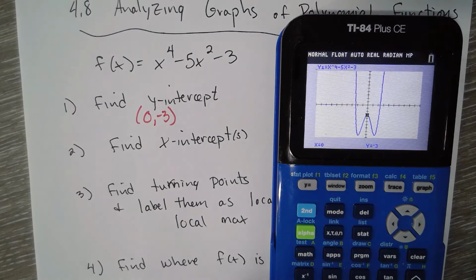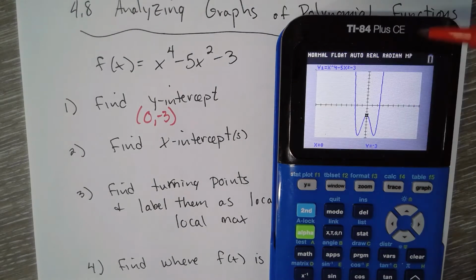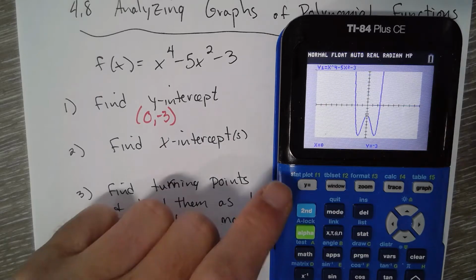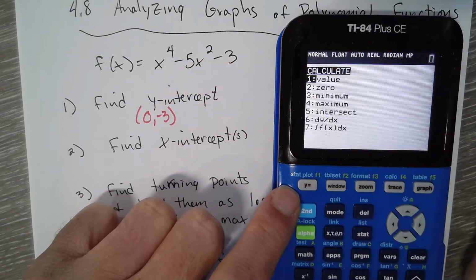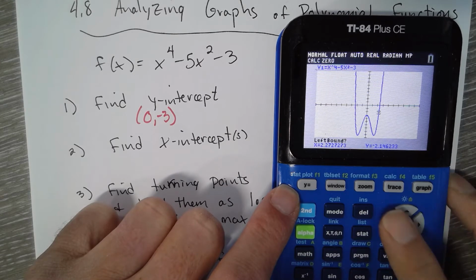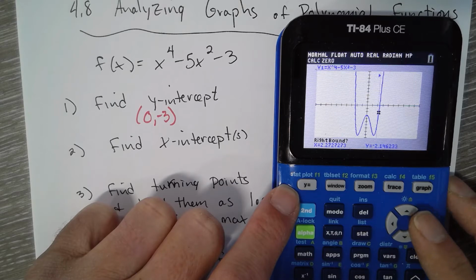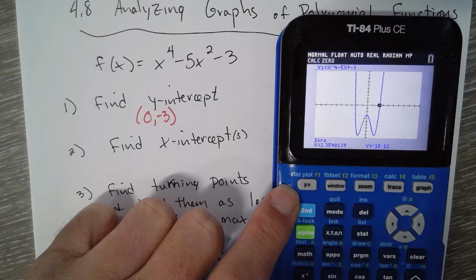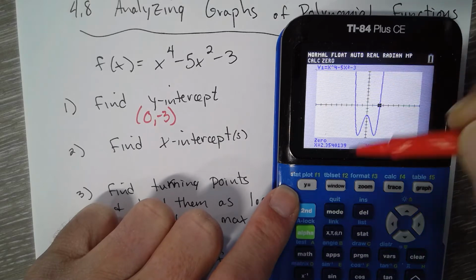Find the x-intercept, or intercepts. Well, it looks like it has two x-intercepts, so those are zeros. So calculate the zero. Do that 2 times. Left bound right here, right bound, and then guess, and it's 2.35.